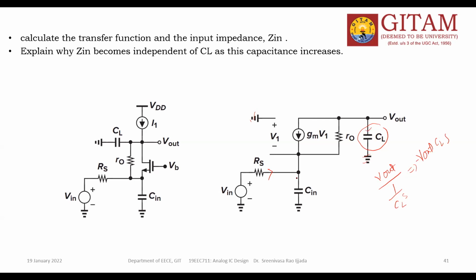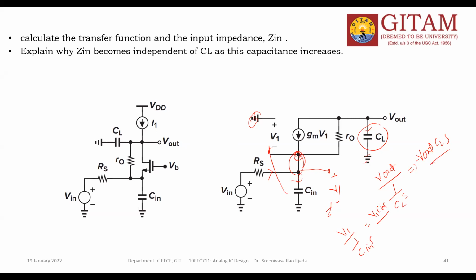And now, what is this one? Because these two are parallel, both are the same node, and the other node is grounded. You can write it like this, no problem. V1 by the impedance 1 by Cin S is V1 Cin S. This is one current, and this is one more current.